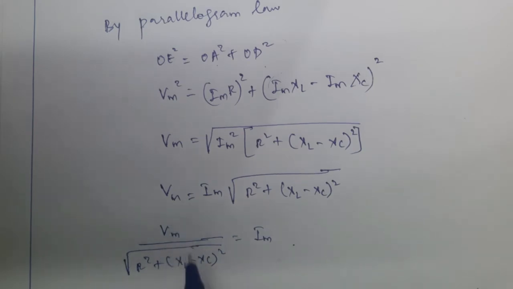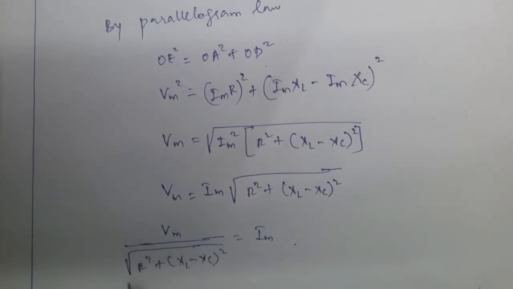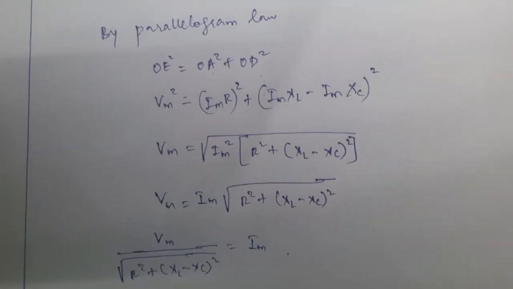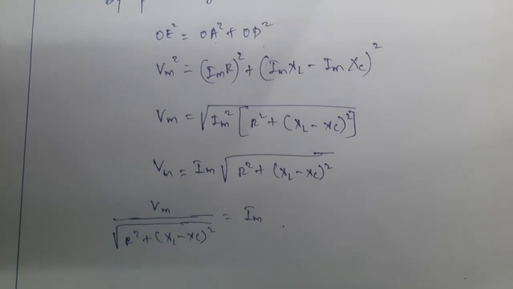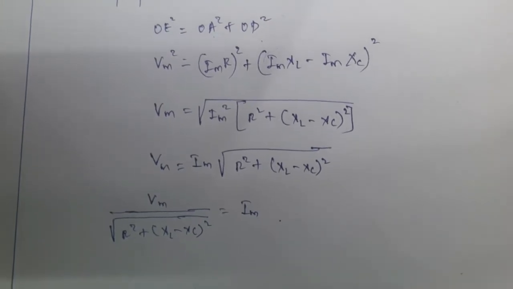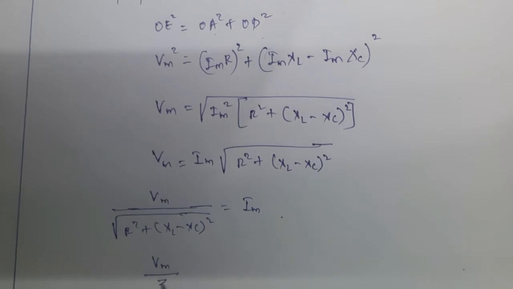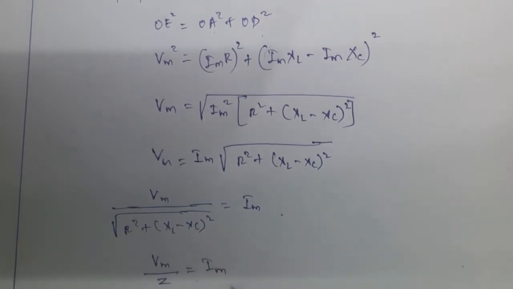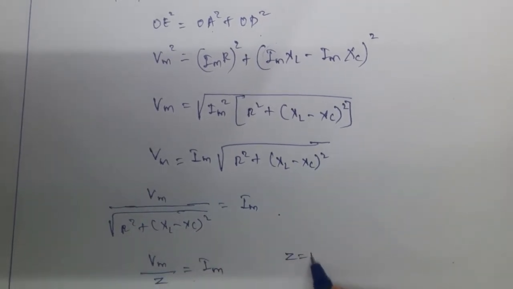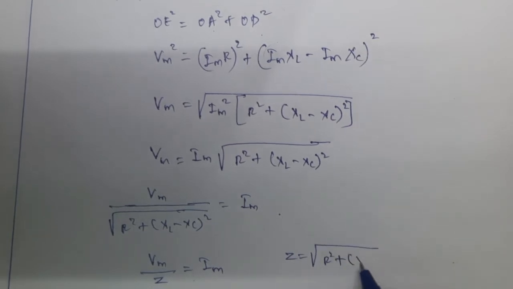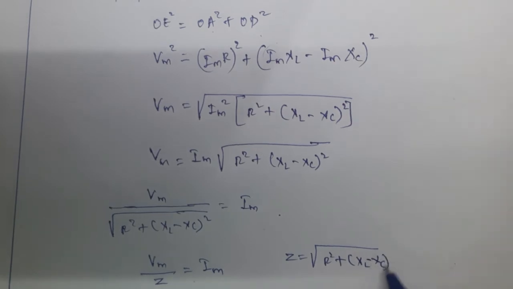Now Vm by this root of R square plus XL minus XC whole square represents the effective resistance, or effective opposition to the current, by the series RLC circuit. This is denoted as Z. So Vm by Z. Z is nothing but impedance, where Z is equal to root of R square plus XL minus XC whole square.